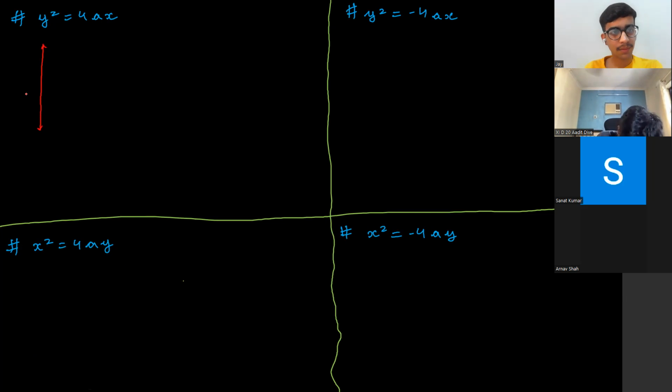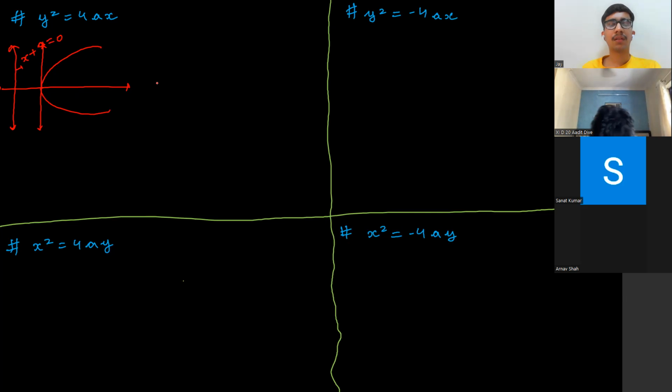So this is my coordinate axis. We have already seen how y square equal to 4ax looks. It looks like this, right? And this is my directrix, x plus a equal to 0. Okay, so tell me what is the focus of this parabola?